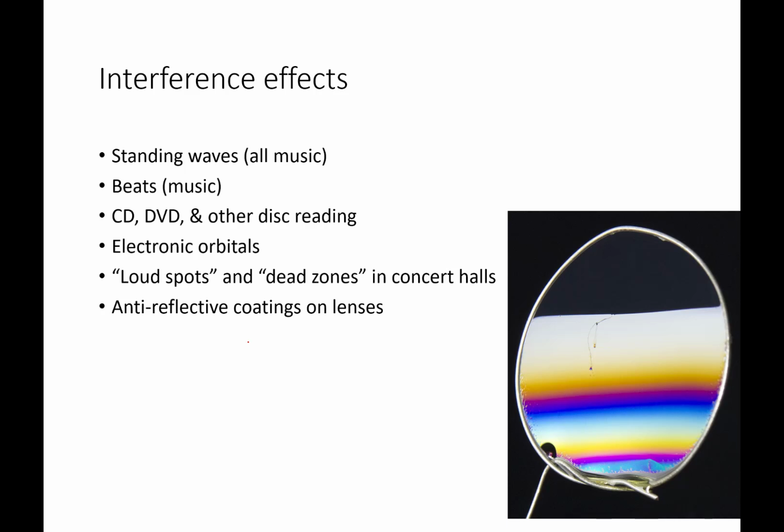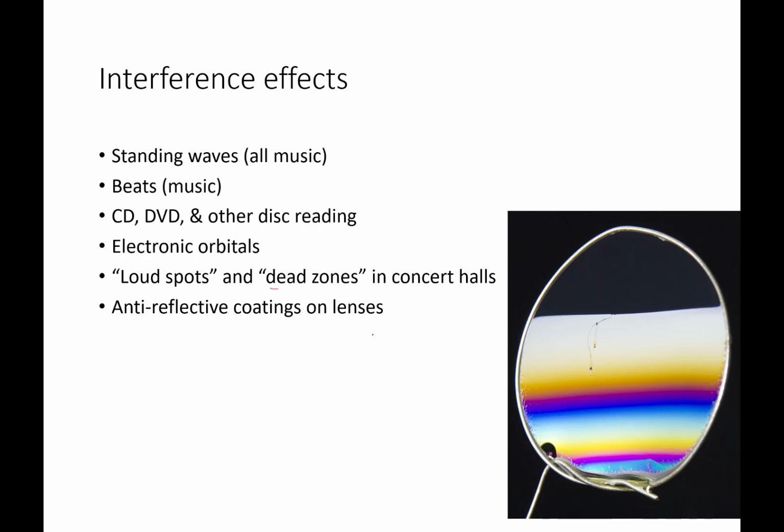DVDs and CDs and Blu-rays all rely on interference of a light wave in order to read data. We already mentioned electron orbitals are waves. They're also caused by interference. In concert halls, some places are going to be loud and some places are going to be quiet, just because as that wave travels around, it's going to interfere. In some places it'll cancel, some places it will add.